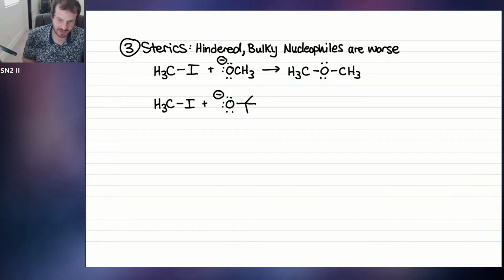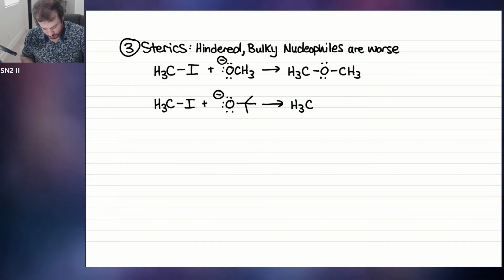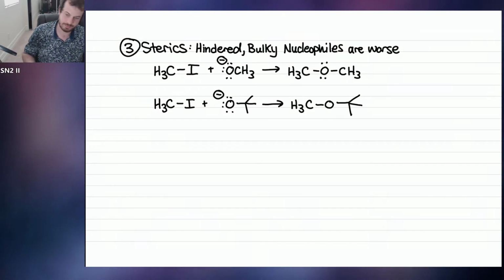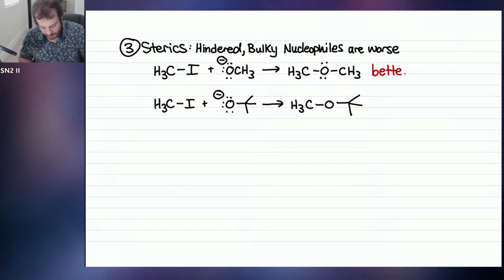So this one's got 3 methyl groups attached to that carbon. And the product is going to be like this. And so the top case is way better because the nucleophile is not bulky. Bottom case is worse because the nucleophile is very bulky.